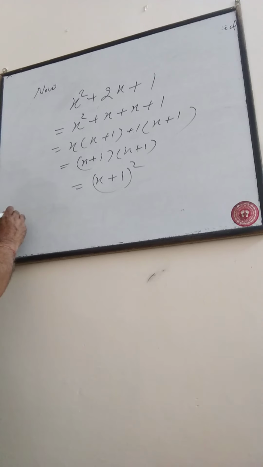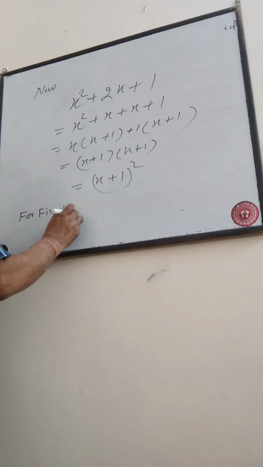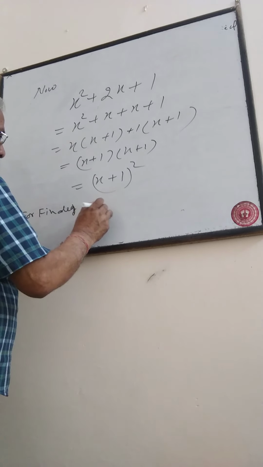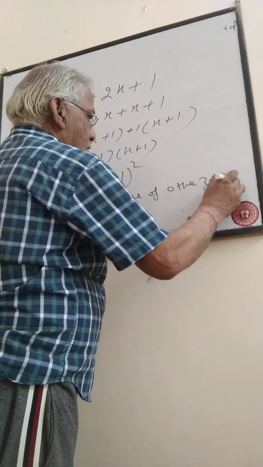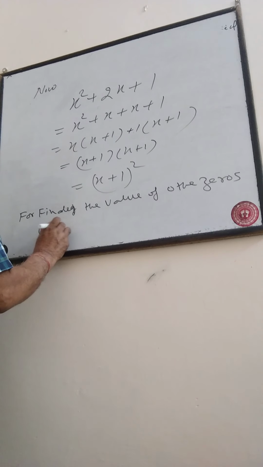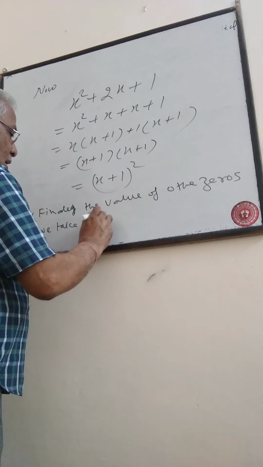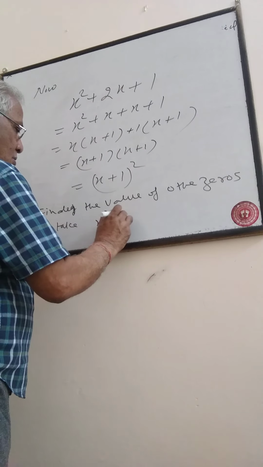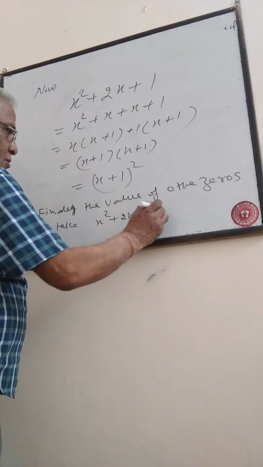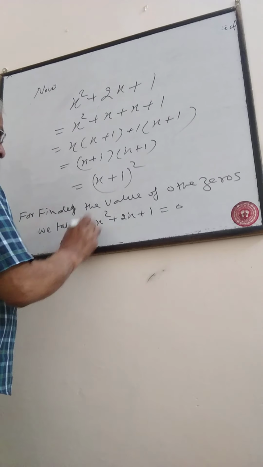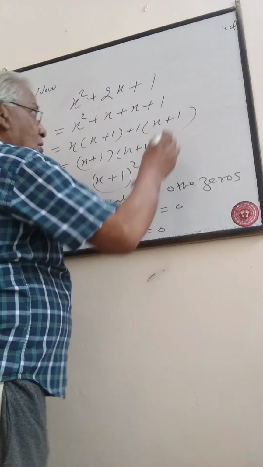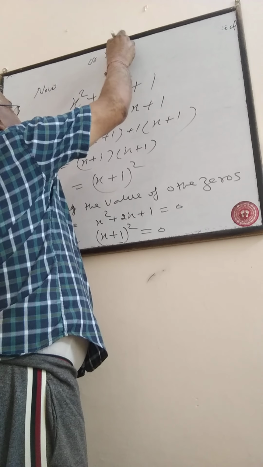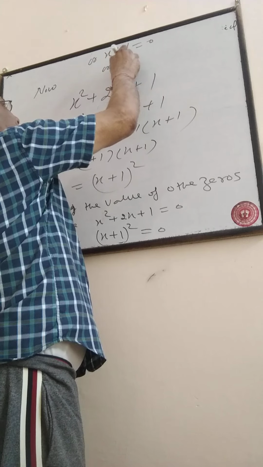So for finding the value of the other zeros, we take x square plus 2x plus 1 equal to 0. That means x plus 1 whole square equal to 0, or x plus 1 equal to 0, or x equal to minus 1.